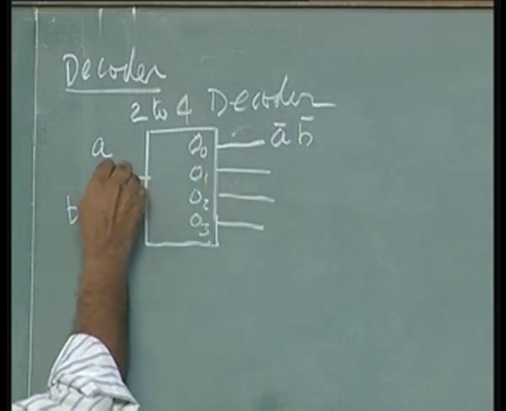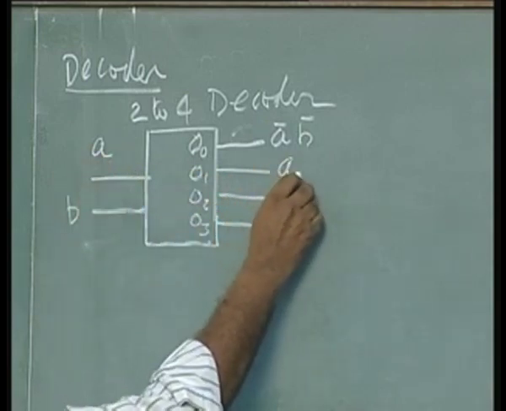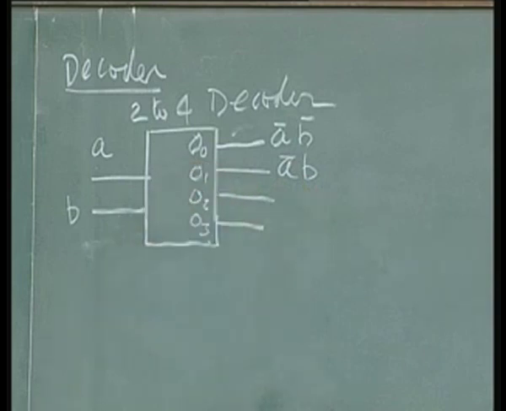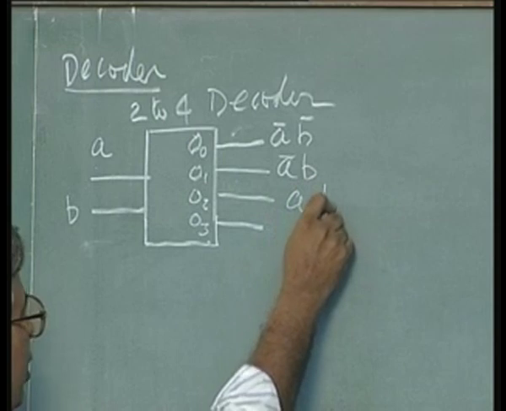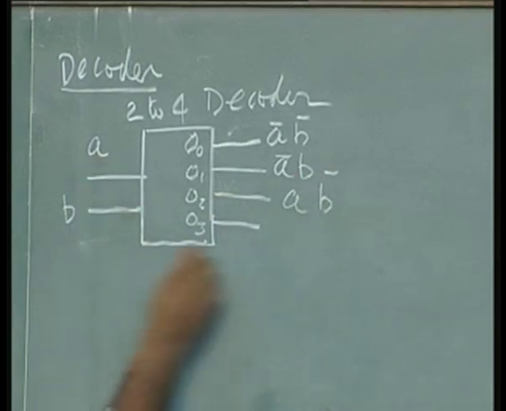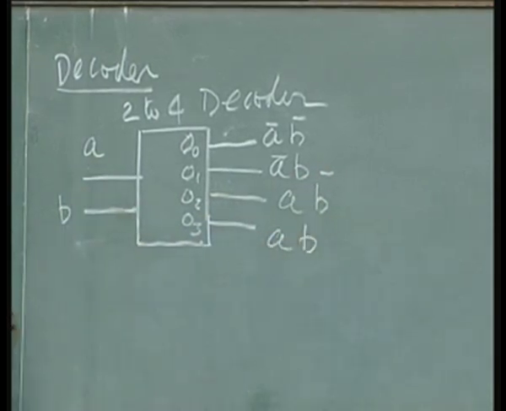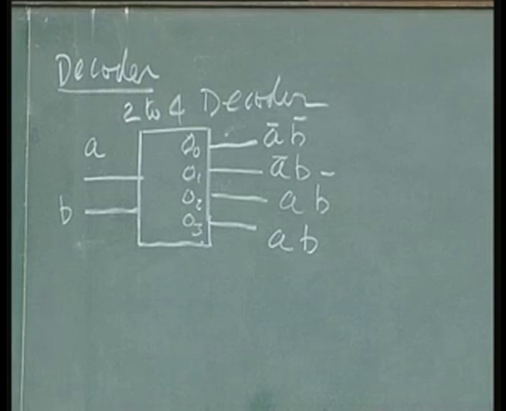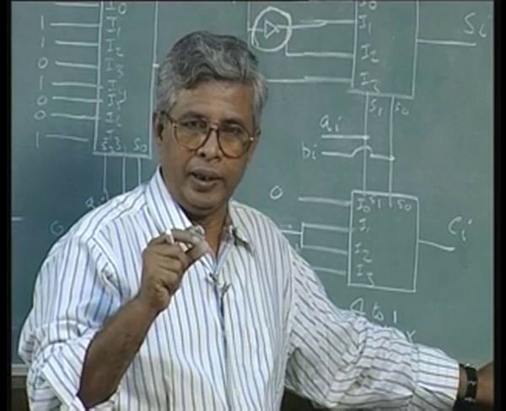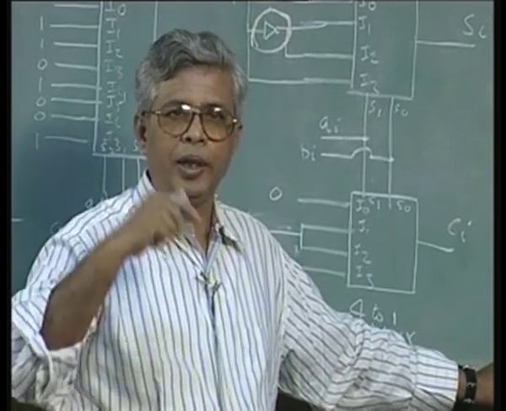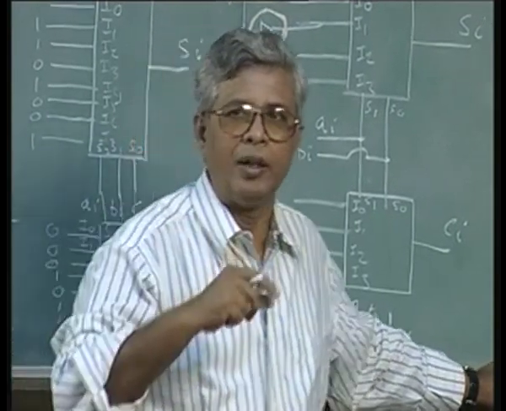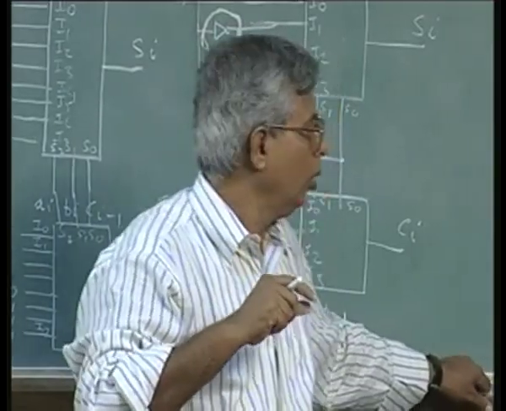If A is 0 and B is 1, that is A bar B, output 1 is active. Then output 2 is active for 1 0, and finally when both are 1, output 3 is active. This is an example of a decoder. Again, it is a packaged IC available to you in the market, and you can use it to implement a given logic function rather than going to the gate level and simplifying it.